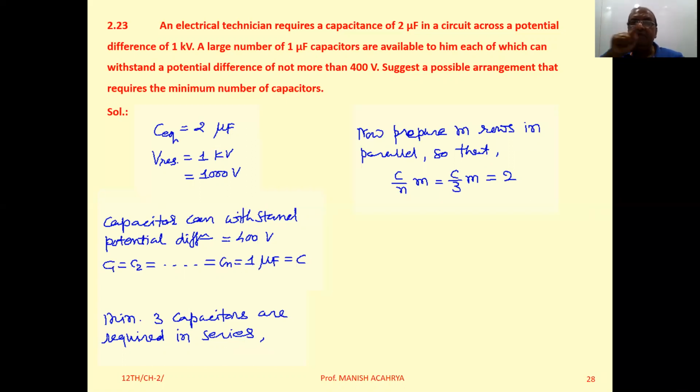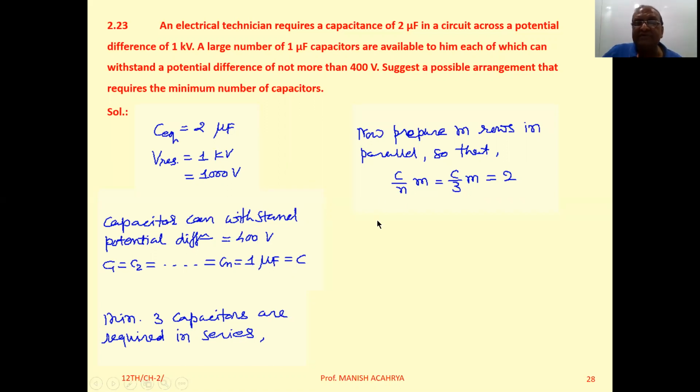Now, if in one row you have n capacitors, each with value C, then the resultant capacitance of one row is C by n. Now, if such m rows are in parallel, then C by n plus C by n plus C by n and so on, m rows are there.